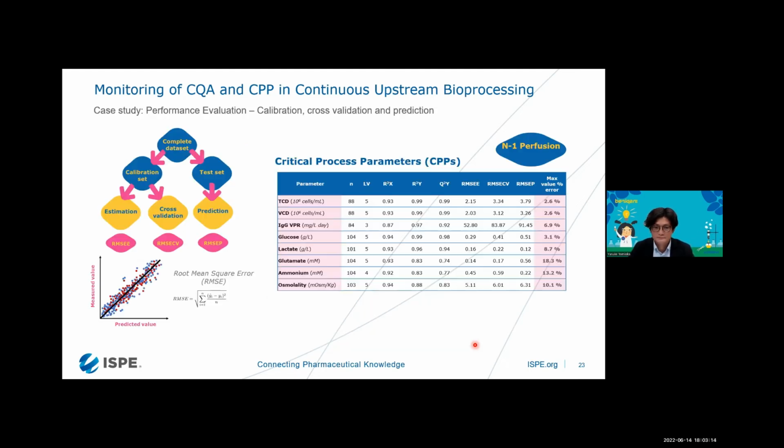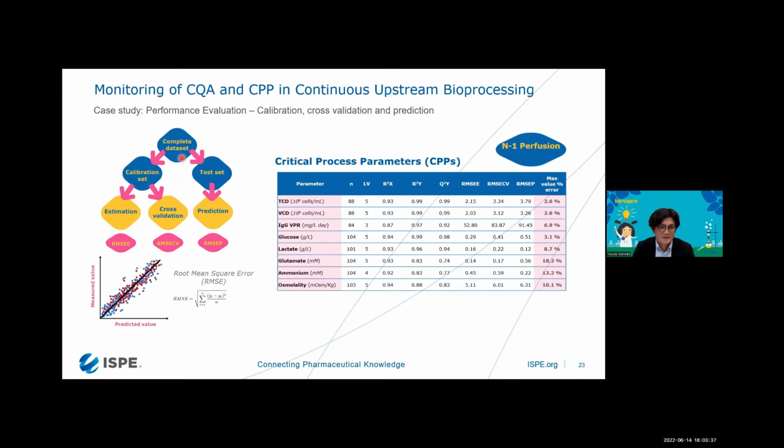This slide shows the result of our initial study. The left side figure indicates a flowchart of how to estimate each evaluation key parameter. We acquired the data set from the 3 N-1 perfusion runs, and it is defined as the complete data set.